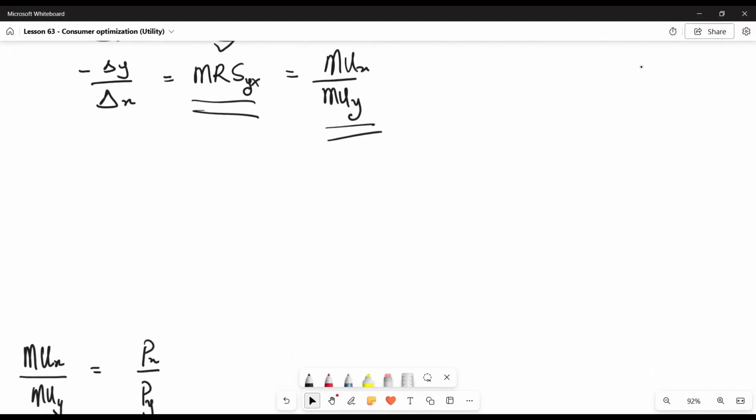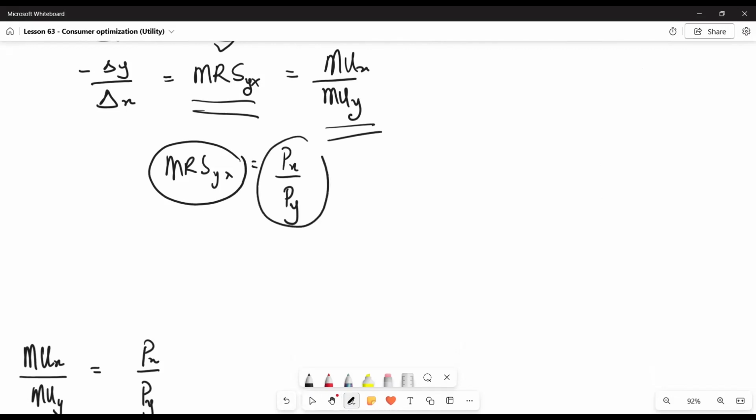Recall that if we have an interior solution, then in equilibrium, our marginal rate of substitution should be equal to the ratio of the two prices. So at an interior solution, the slope of the indifference curve and the slope of the budget line are equal. In that case, the slope of the indifference curve, which is MRS, and the slope of the budget line, which is the ratio of the two prices, should be equal.